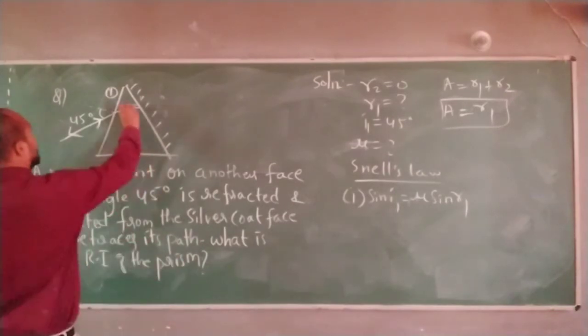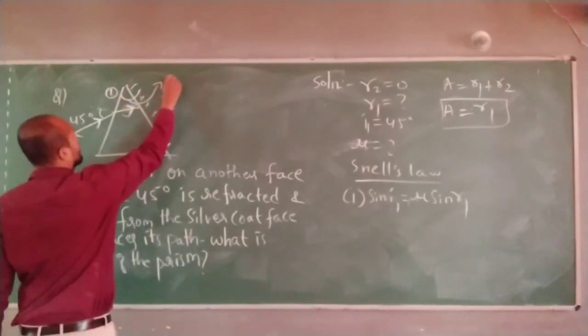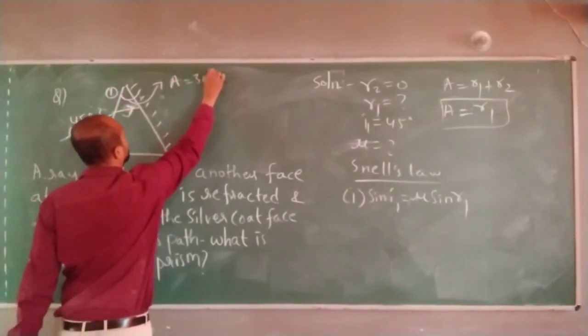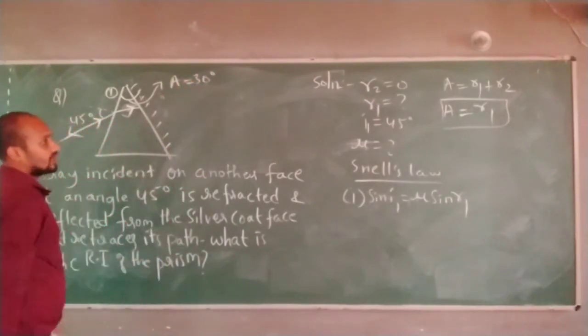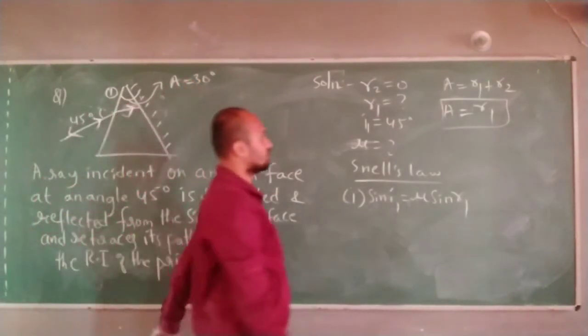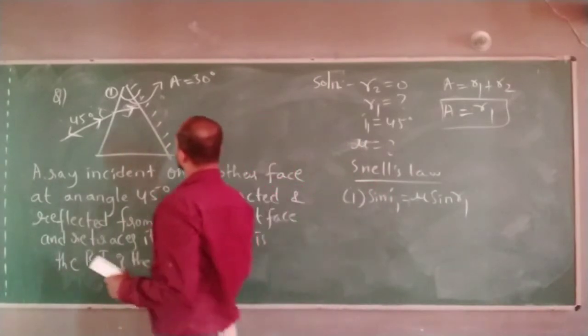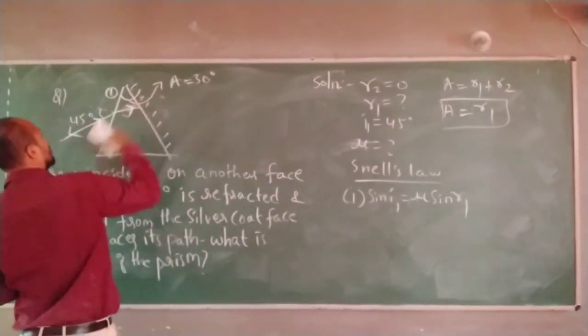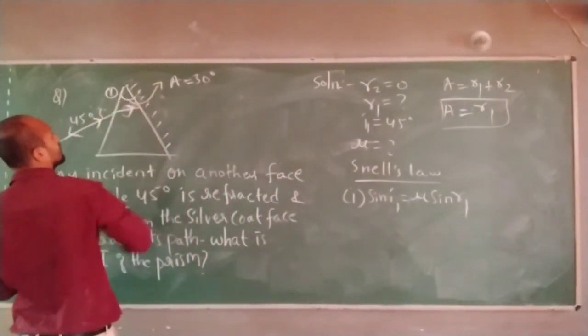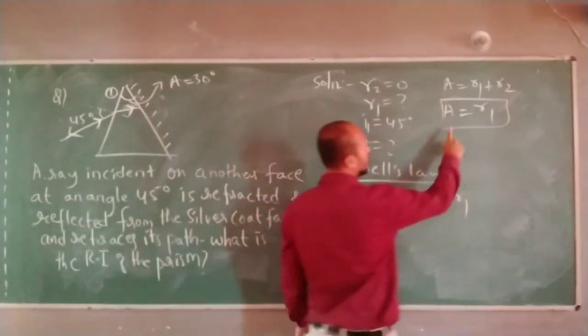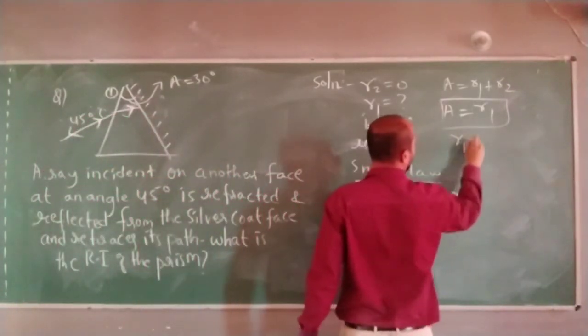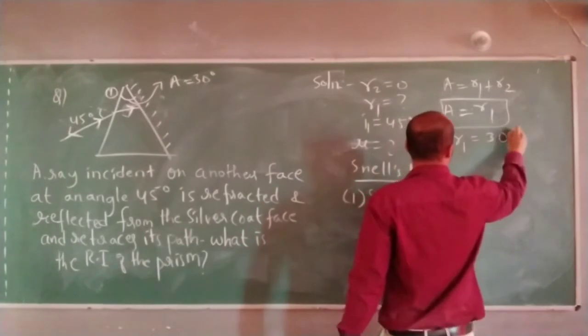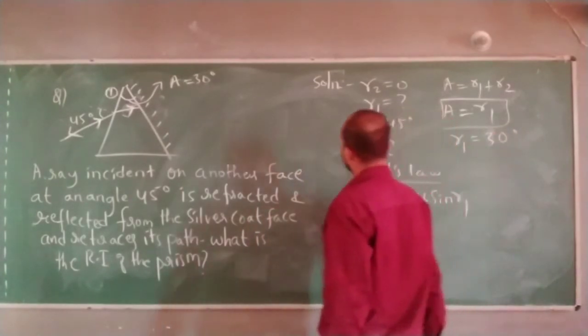Here I didn't see that the angle A is equal to 30 degree. It is given in the question. Okay? A is how much? 30 degree. So A is equal to R1 means this R1 will become 30 degree now. Okay? So 30 degree.